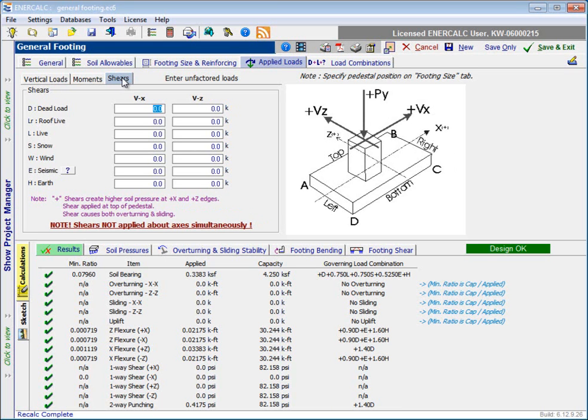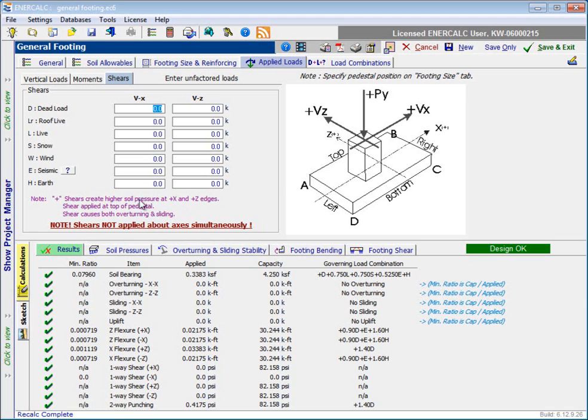Along similar lines, if I come to the Shears tab, this also reminds us of the sign convention for shears. So positive values will create higher soil pressures at the positive X or positive Z edges of the footing. It tells us that the shear is considered to be applied at the top of the pedestal.